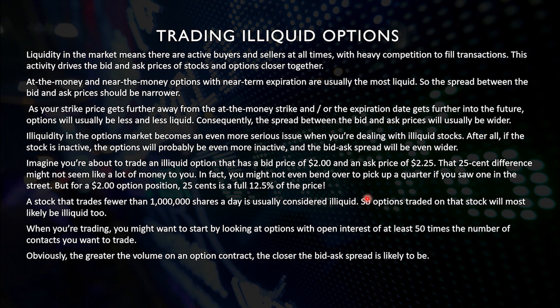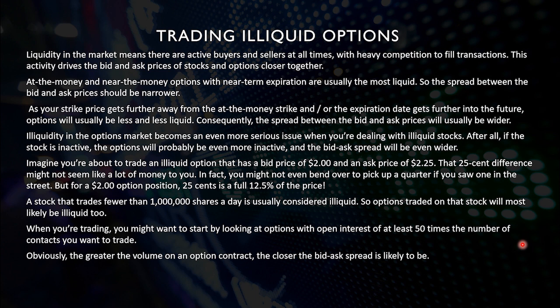The next mistake we recommend to avoid is trading illiquid options. So this goes back into the rules that we sent. And this is so important because it can help you out in so many different ways. Liquidity in the market means there's a lot of active buyers and sellers at all times, with heavy competition to fill transactions.